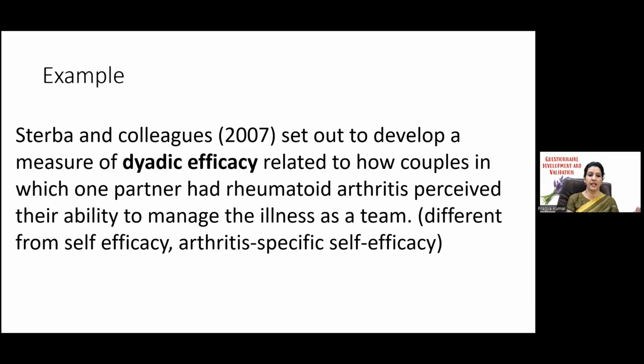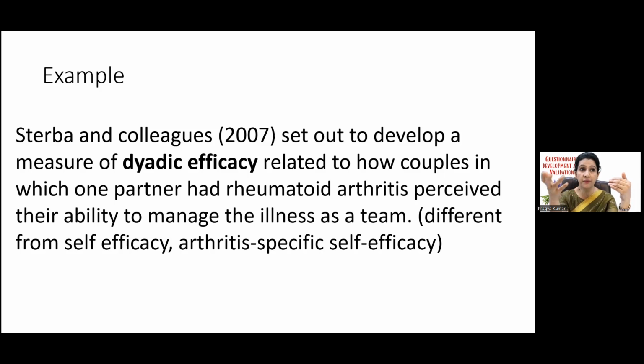So he has given one example. Tarba and colleagues planned to develop a measure of dyadic efficacy. Now, what is this dyadic efficacy? This is how a husband and wife, that means spouses, tackle the problem of any illness. In this case, one person was suffering from rheumatoid arthritis. So they wanted to measure how couples in which one partner had rheumatoid arthritis perceive their ability to manage the illness as a team.